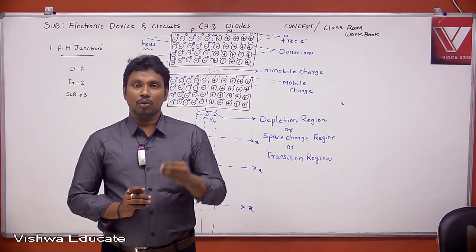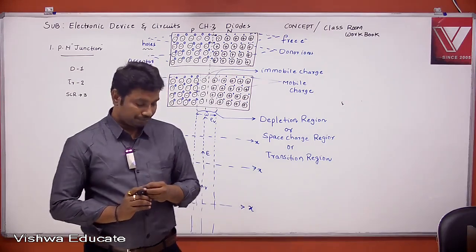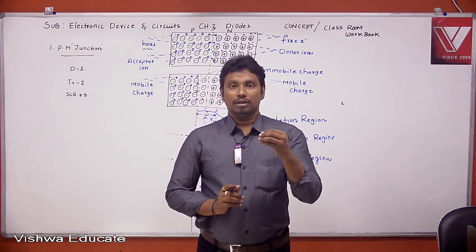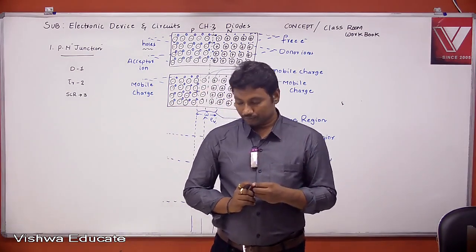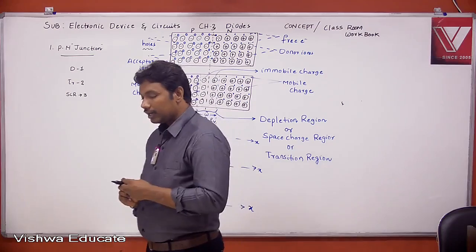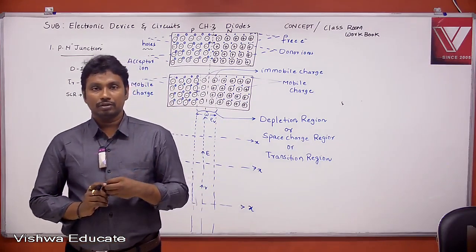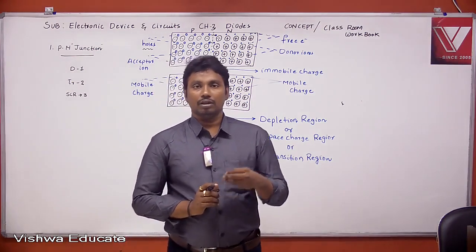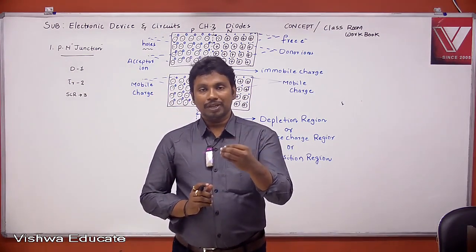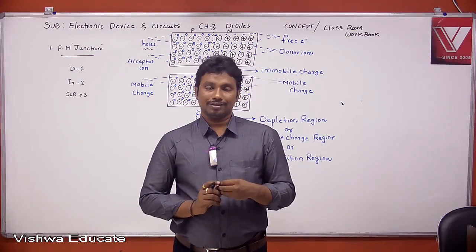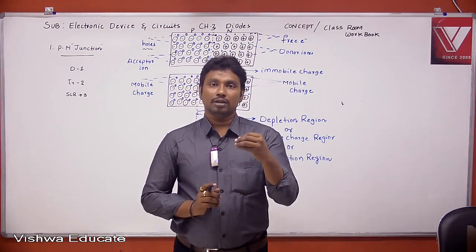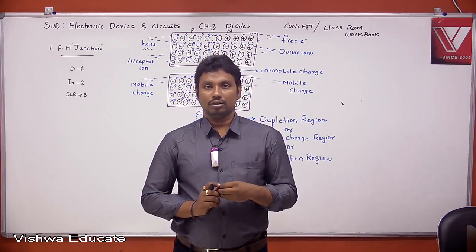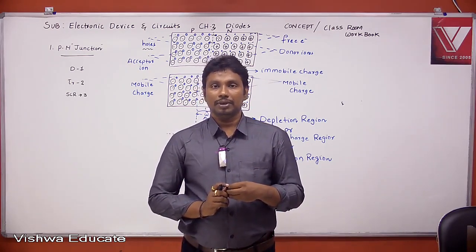Example: a diode has one PN junction. A transistor has two PN junctions. SCR has three PN junctions.